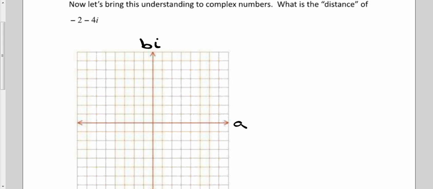So I go to the left, and then, Hannah, what do I do from there? Go down 4. So that over 2, down 4, that's negative 2 minus 4i. Now, what is the distance of that point from the origin? Better question yet, how do I find that distance?